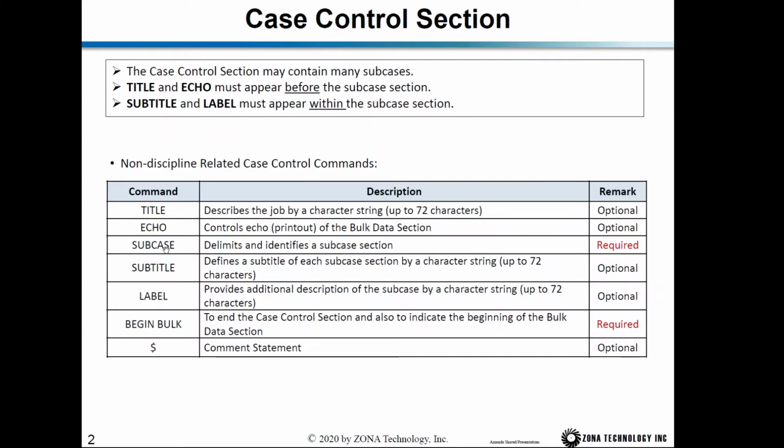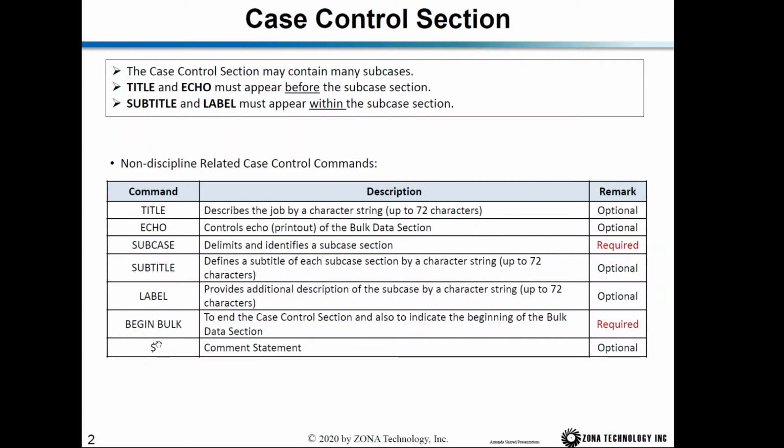Then you can specify a subtitle and a label within each subcase. Then within each subcase, you select an engineering discipline to generate a particular aeroelastic solution. And you end the case control section with the begin bulk command.